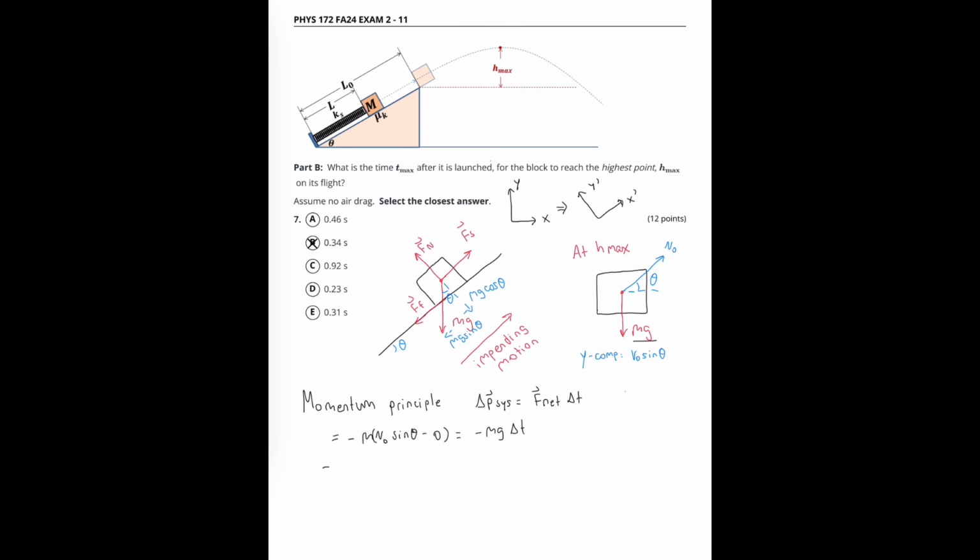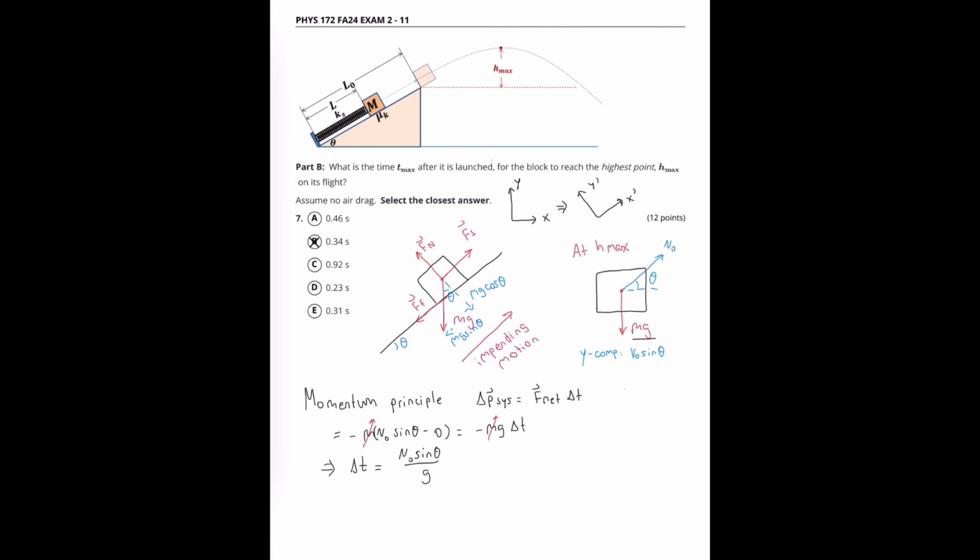So we can rewrite our expression for delta t as equal to, so the m's cancel out, v naught sine theta over g. So we can plug in our values.